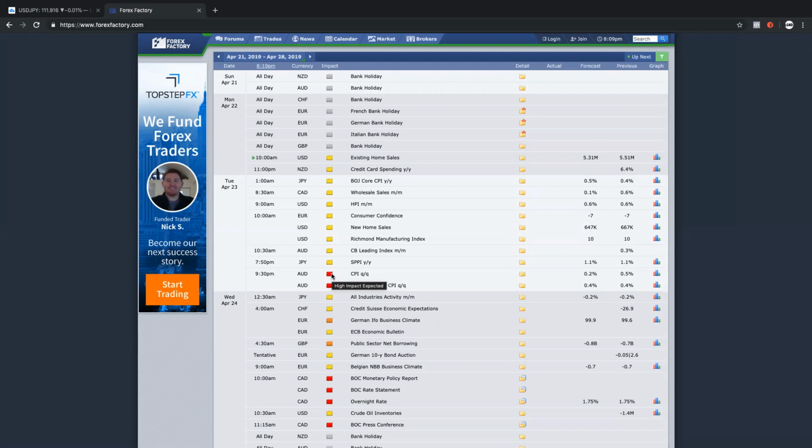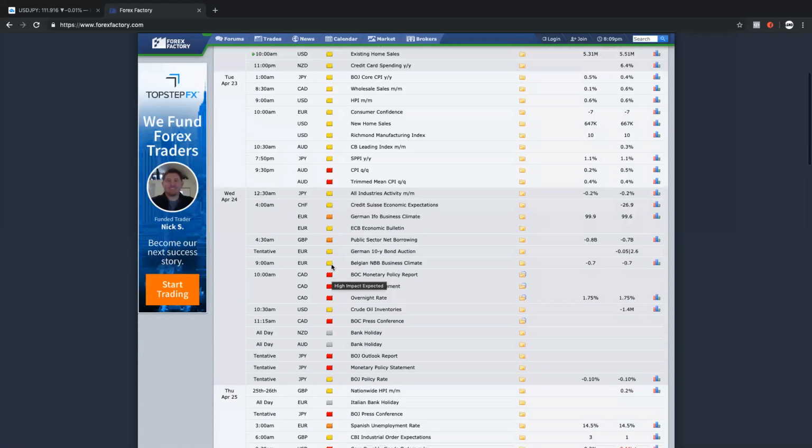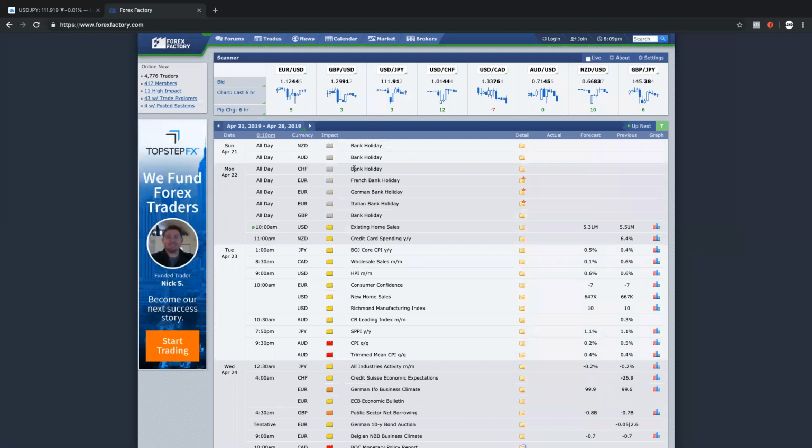One thing to keep in mind, based off of Monday, as you can see, it's a bank holiday for the Swiss franc. It's a bank holiday for the euro as well as for GBP. So you want to be mindful that because it's a bank holiday, the banks pretty much won't be trading too much in these pairs.